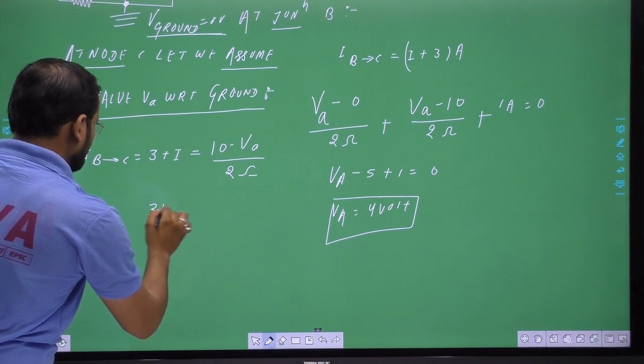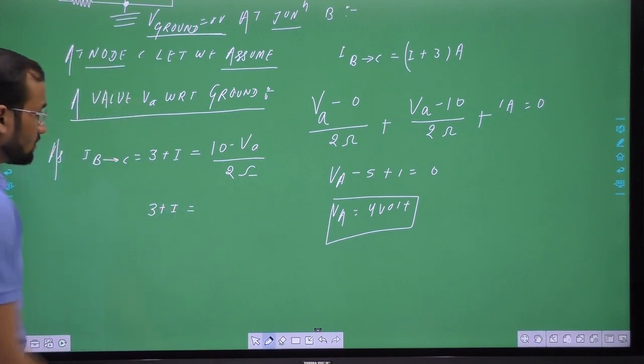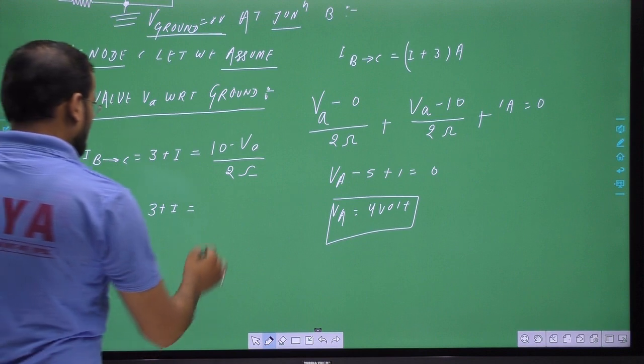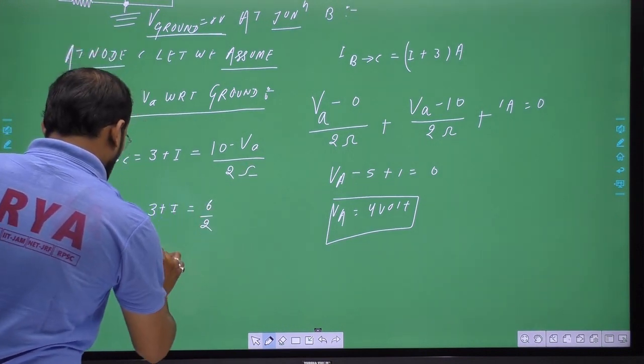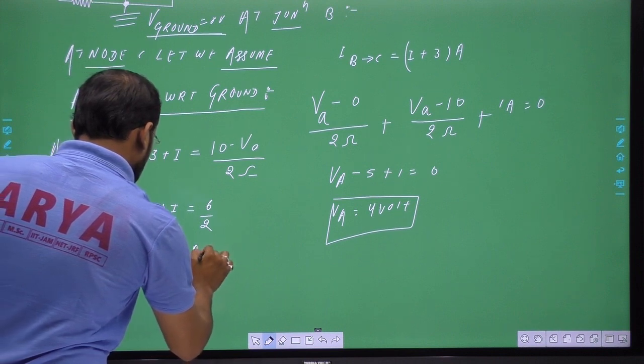So 3 plus I is equal to (10 minus 4), 6 by 2. So I is equal to 0 ampere.